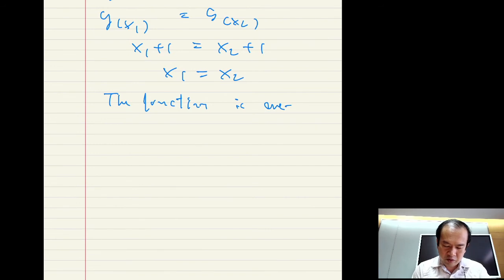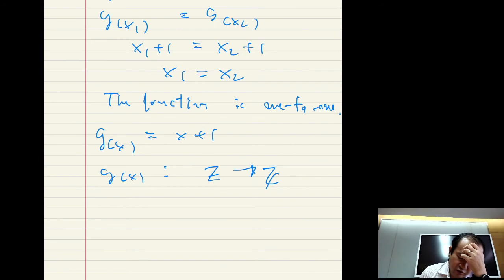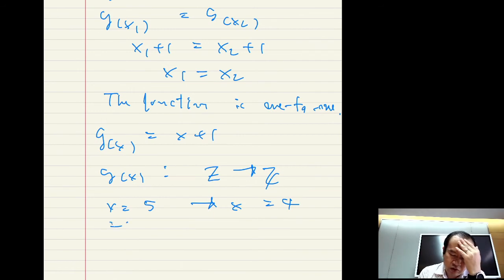Now onto: g of x equal to x plus 1 is a function from Z to Z, right? So let's see if we can find a y such that we can't find x. Say y is equal to 5, then x is equal to 4; y equal to minus 1, x will be equal to minus 2.